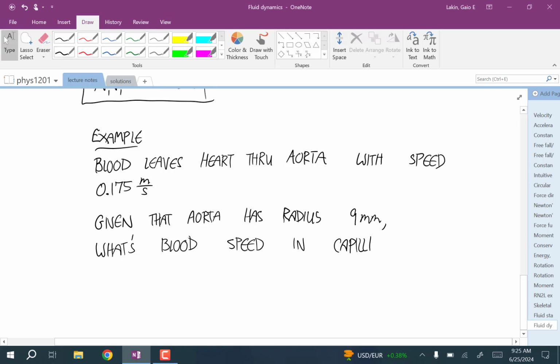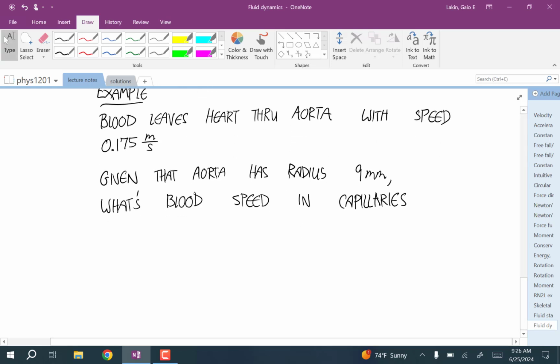Now these capillaries are tiny, but there are so many of them that the effect is that the total cross-sectional area in the capillaries throughout the body is 400 times the cross-sectional area in the aorta. Okay, so the capillaries are tiny, but there's tons of them, and so they add up to a big cross-sectional area.